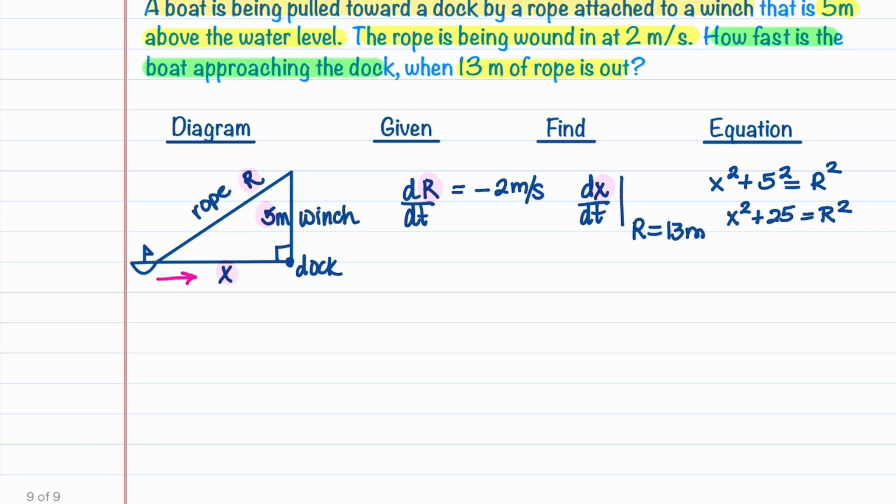We're now going to take that equation and differentiate it with respect to time. So let's write down x squared plus 25 is R squared. And we're going to take the derivative with respect to time of both sides of our equation.